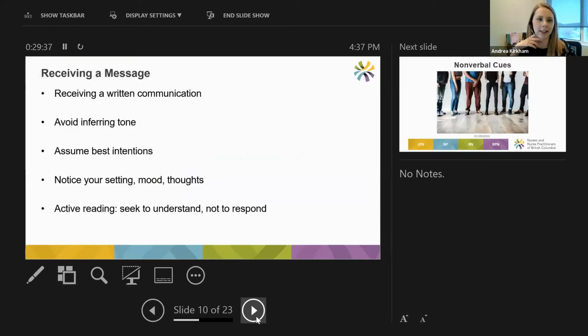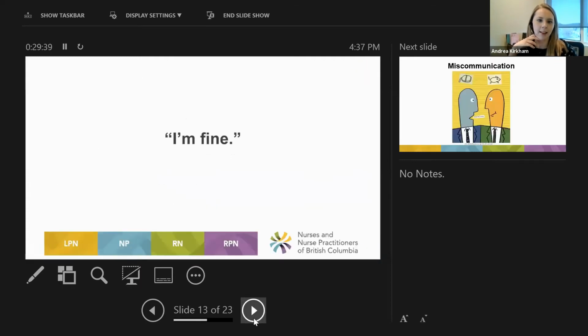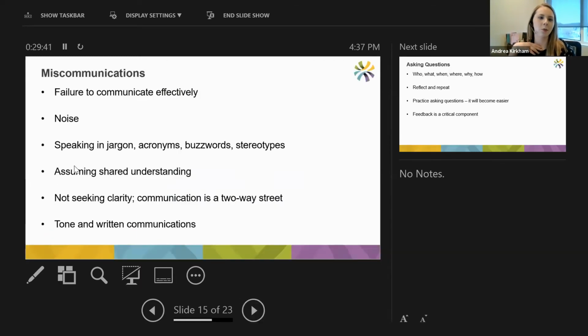Coming back to the slide here, noise can also be forms of speech. It can be speaking with jargon or buzzwords, speaking in stereotypes, assuming shared understanding. One example could be you're having a conversation with a friend and they're asking you how work is going and you're like, "Well, I work on 4th, so, of course."